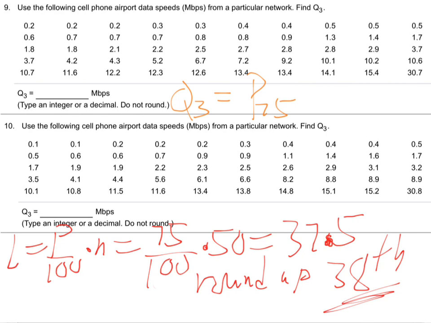So where's that going to be? There's 10 numbers in the 10, 20, 30, 31, 32, 33, 34, 35, 36, 37, 38. So the answer is 10.1.